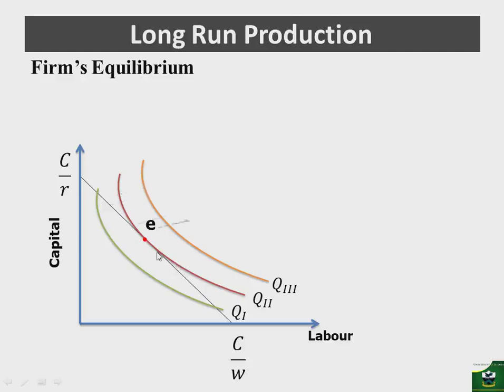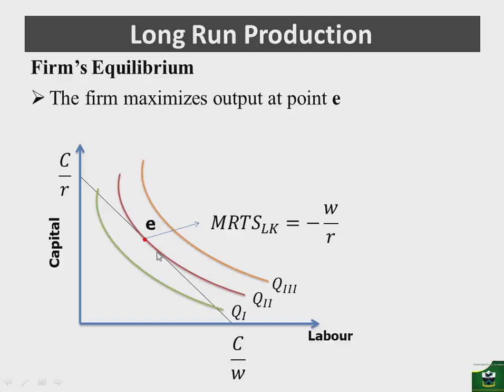From this point E, we see that the slope at that point, which is the marginal rate of technical substitution of labor for capital, is equal to the negative of the factor price ratios. So we conclude that the firm maximizes output at point E, and that the firm is in equilibrium at point E. Now, these are the convex isoquants.